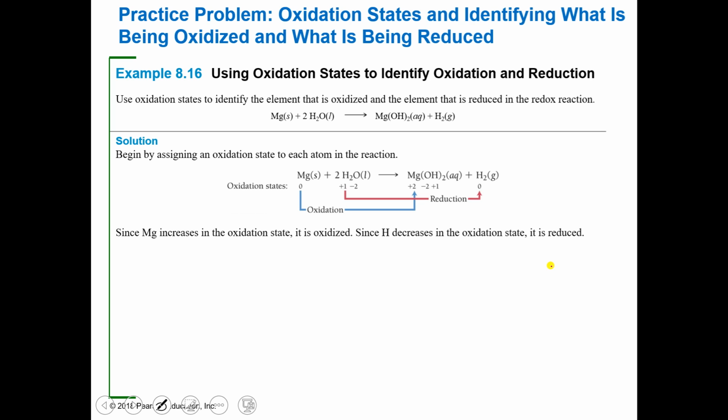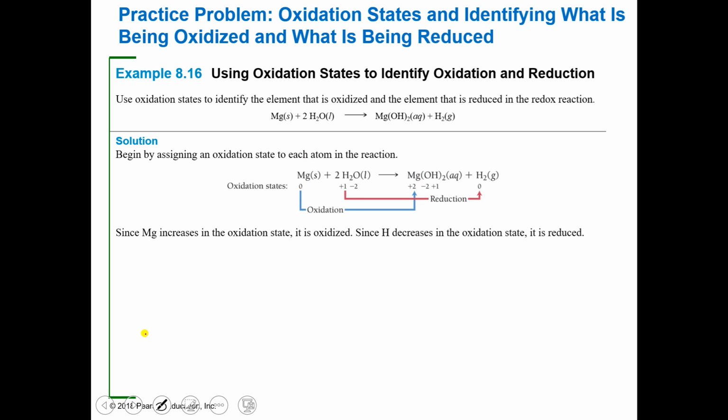But on the product side, what we see is that it changes from 0 to 2+. That's a loss of 2 electrons.